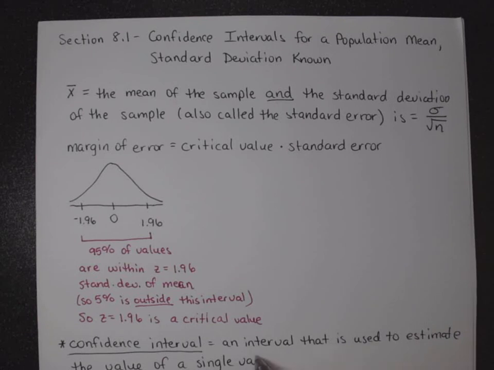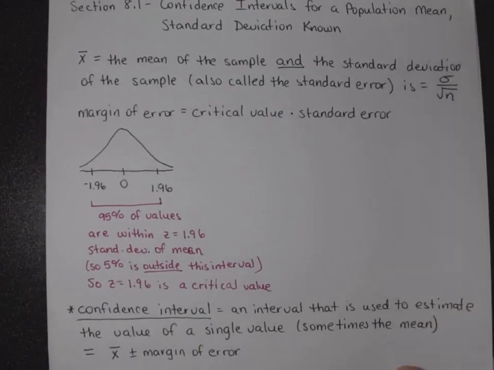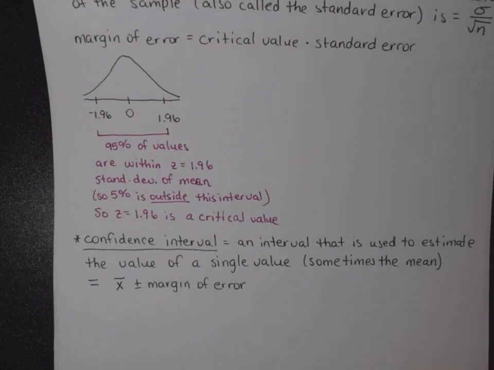Here, it's going to be the mean. Okay, and the formula for it is going to be whatever your mean of your sample is, plus or minus some margin of error. In other words, we're not going to have the confidence to say that it's a specific value. We're going to have to come up with like an interval.